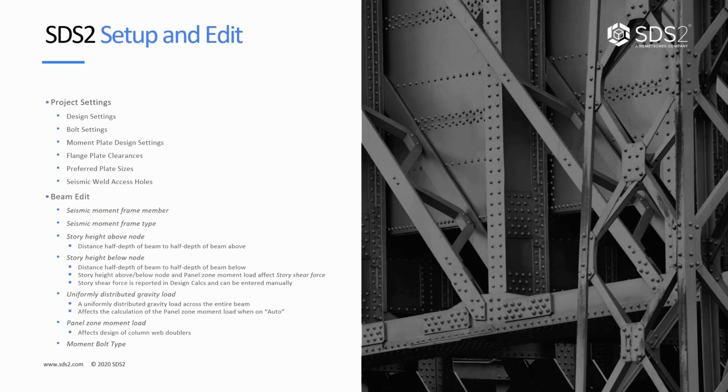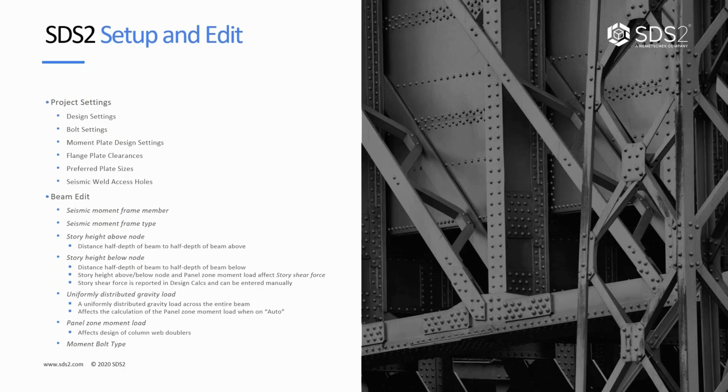Well, that didn't make sense. It's really a one or none type of deal. It's an all or nothing deal. So we moved that into its own section that's specific to just the member and not to the ends. We can override and change the type of moment frame in here, IMF, SMF, or OMF.